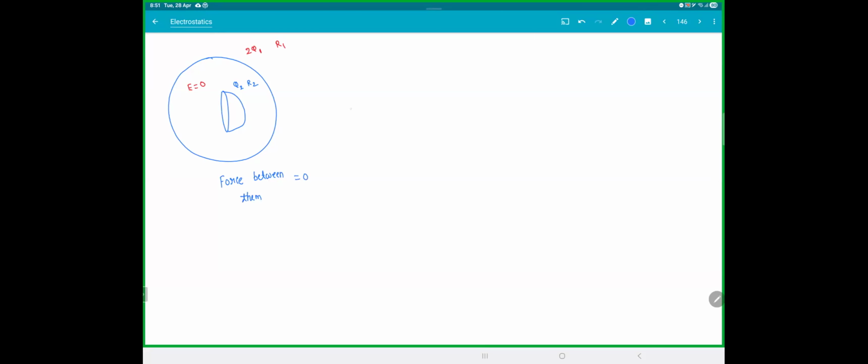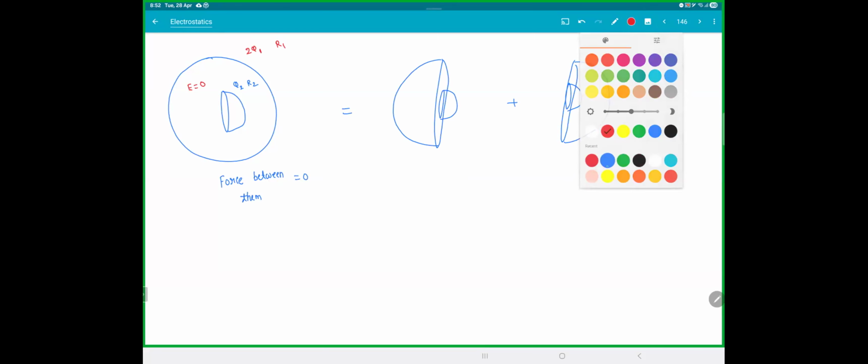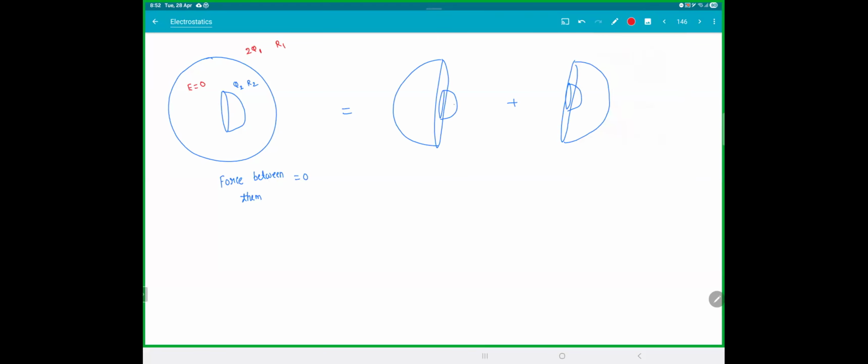right? Now I can split this into two parts. I can argue this can be written as the left half and the smaller shell plus the smaller shell and the right half. Does this make sense? If I combine the left half and the right half, you'll get a full shell, isn't it? Now, because the net force is 0, can I argue that if this is F1, the force between these two must also be F1?